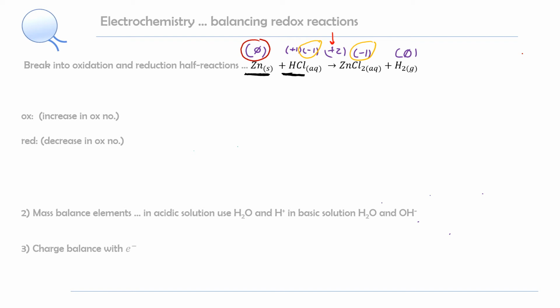Okay, so we have successfully broken up our overall reaction into the 2 half reactions. So the oxidation involves zinc. It's zinc solid going to zinc chloride. And keep in mind, that's a strong acid. So we actually have hydrogen ions and chloride ions here. Okay, so we actually have chloride ions on this side as well.